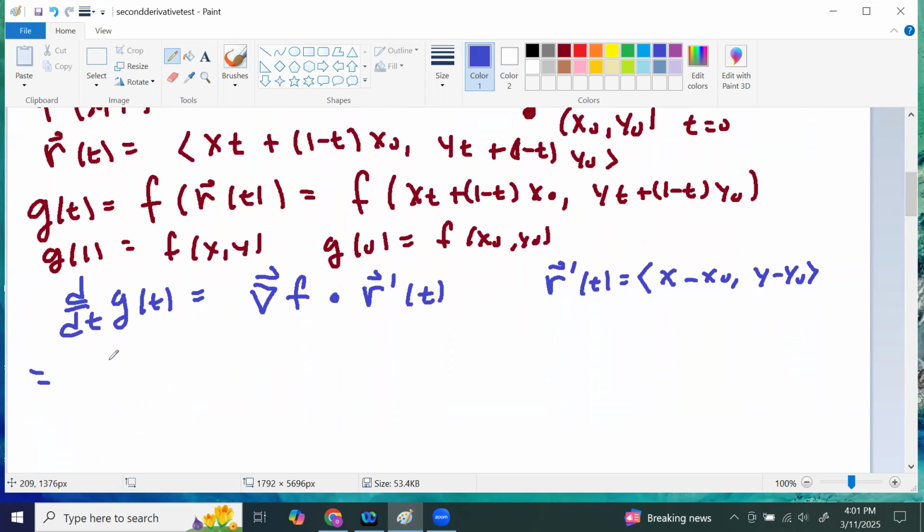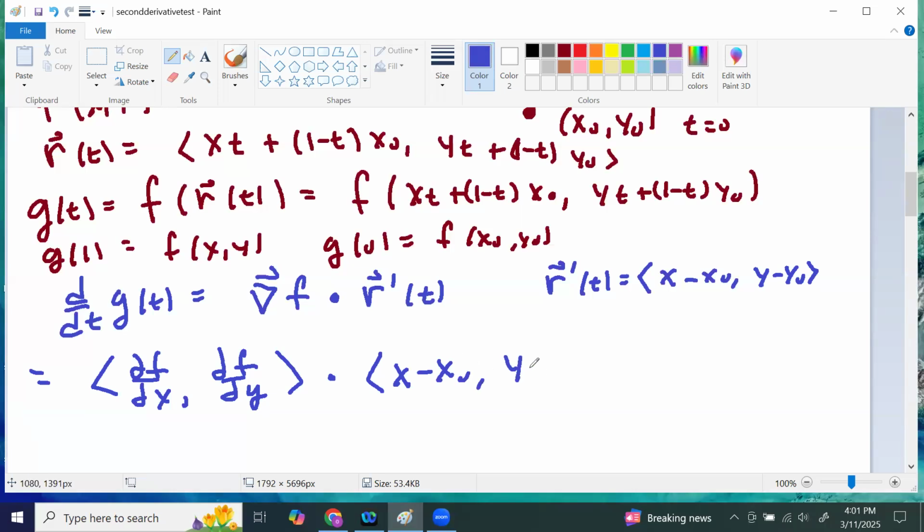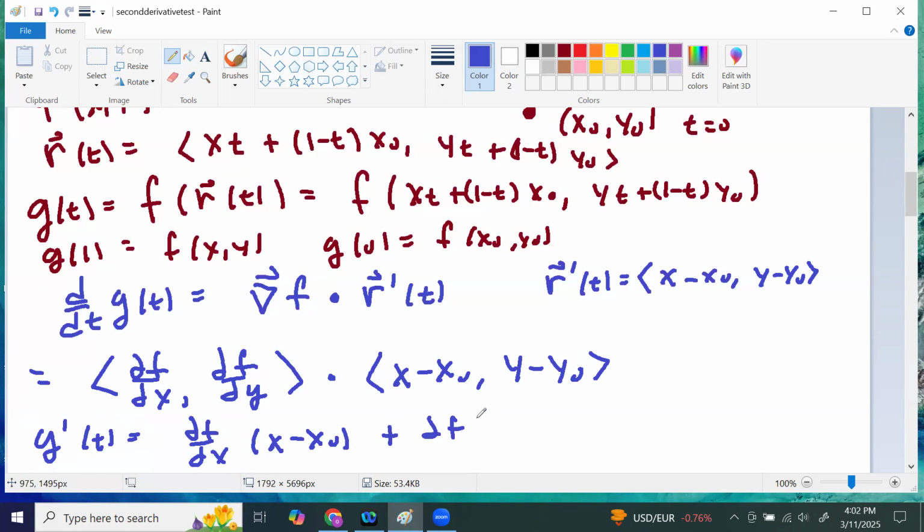So this is going to equal the partial of f with respect to x, and the partial of f with respect to y, dotted with... so g prime of t will be the first partial of f with respect to x, evaluated at a point, times x minus x naught, plus a partial of f with respect to y times y minus y naught.